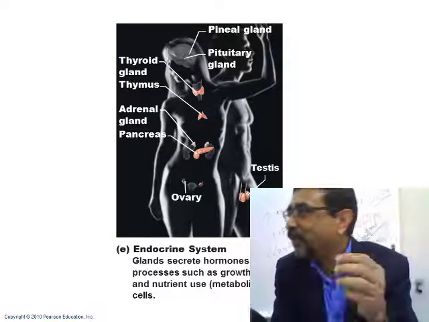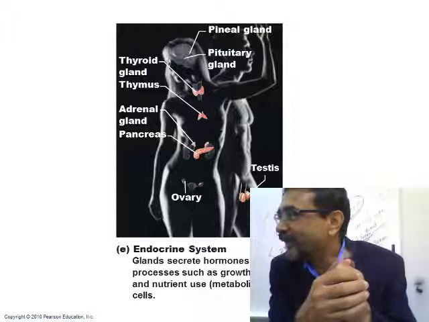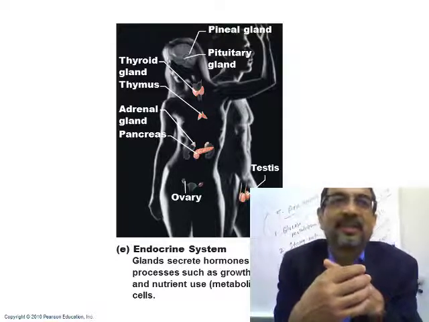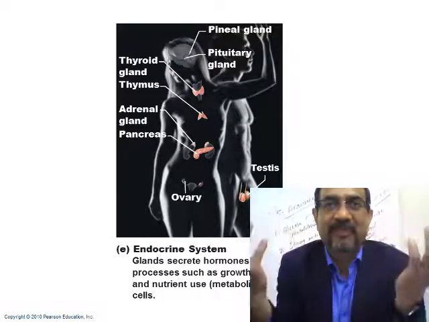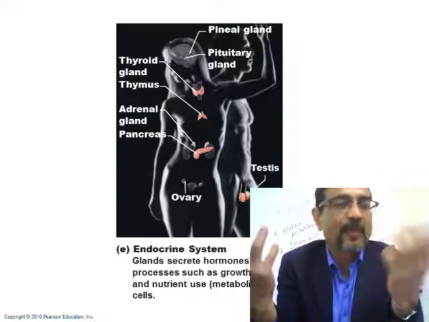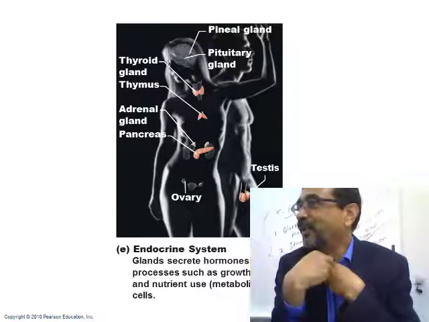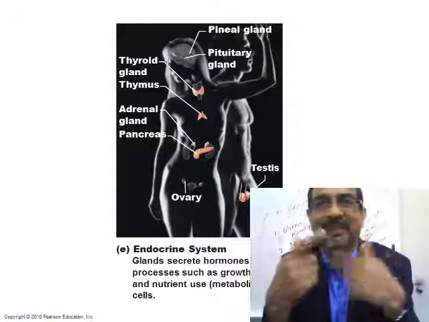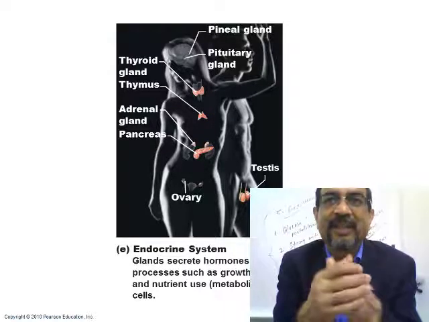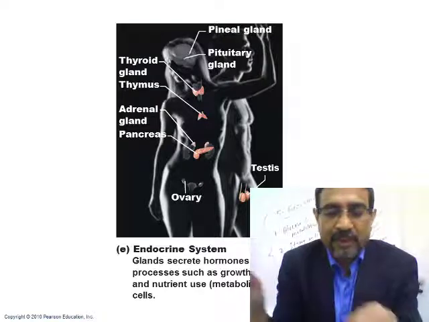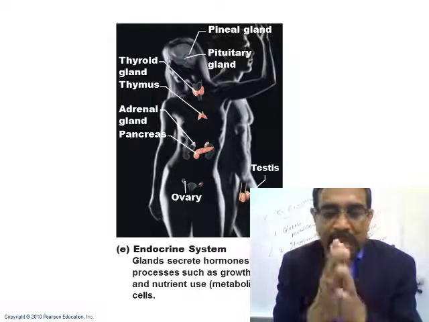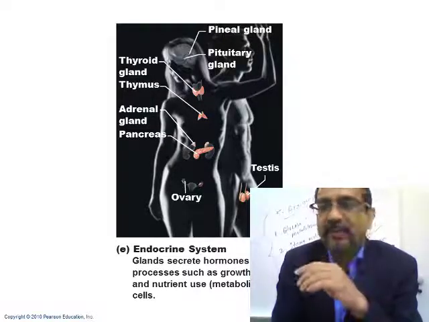So those are also reproductive organs. Make sense? So some organs belong to more than one system. Your thymus, endocrine, but also immune system, because its function is immunity, right? So we include them in more than one system. So let's stop here.